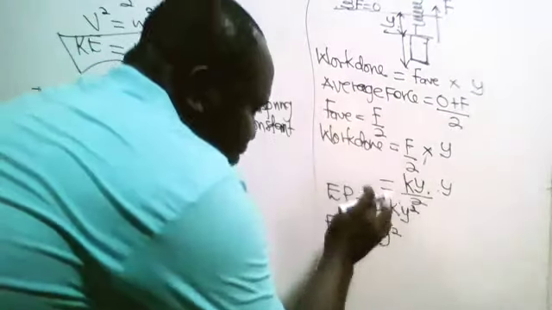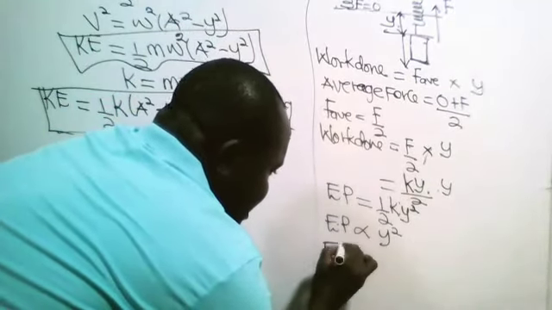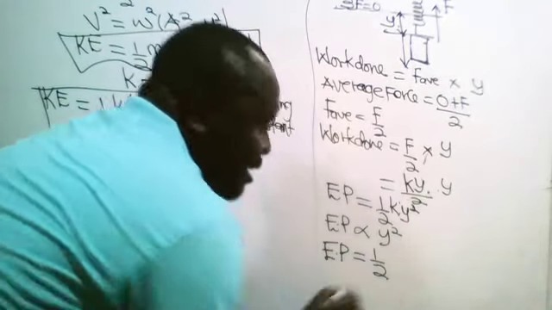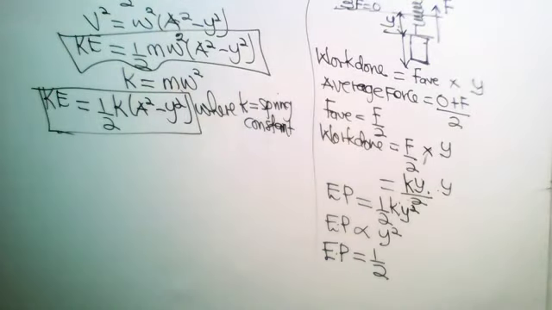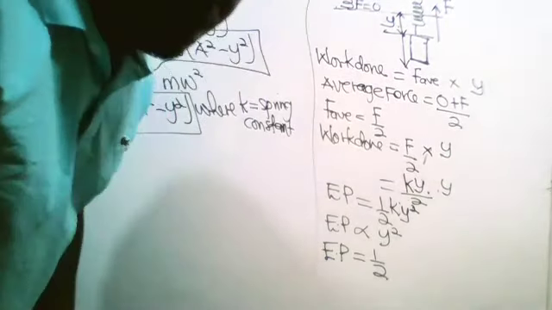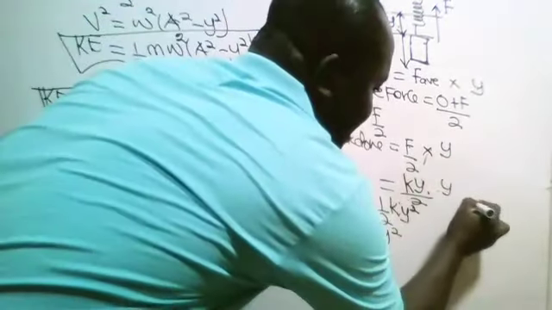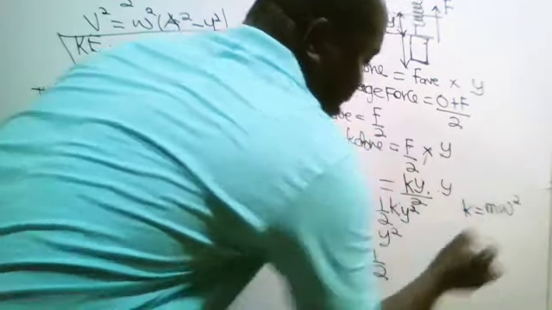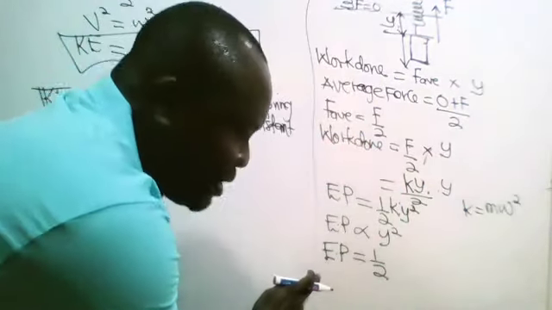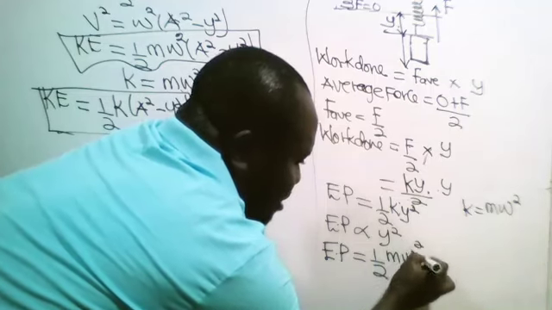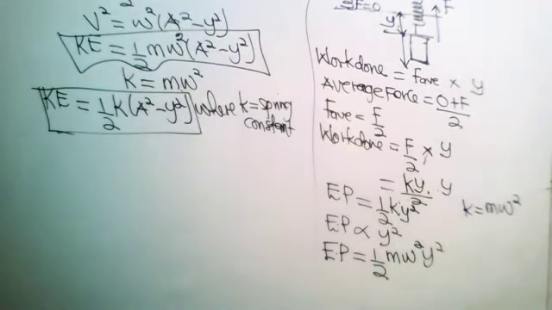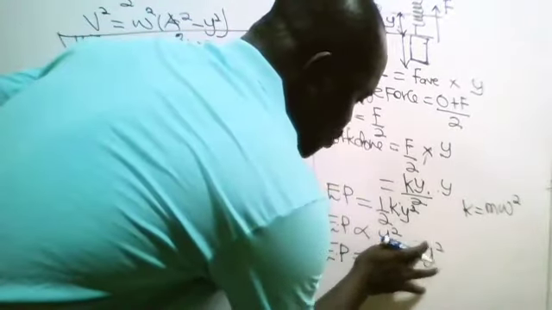We can also rewrite this as EP is equal to half, since K is equal to M omega squared, it means that EP can also be half M omega squared Y squared.